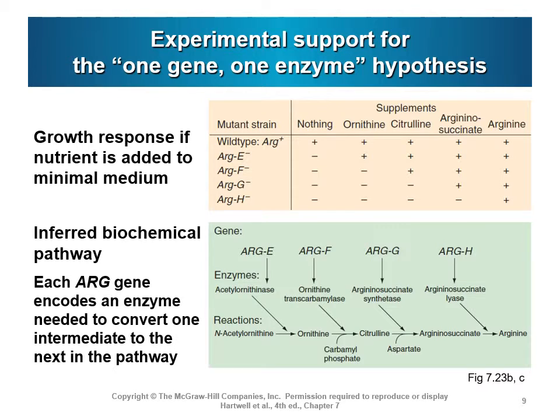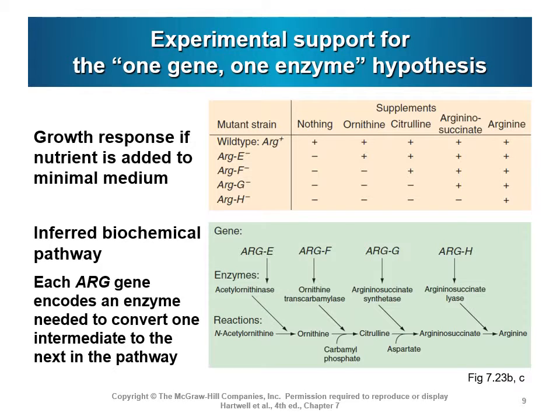So if we grow with nothing added, we see basically no growth of our strain. When we add ornithine, we still don't see any growth. And the same with citrulline.